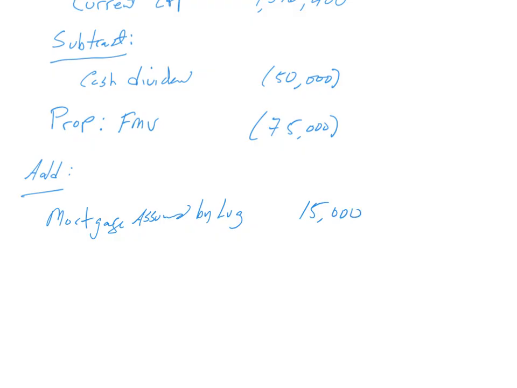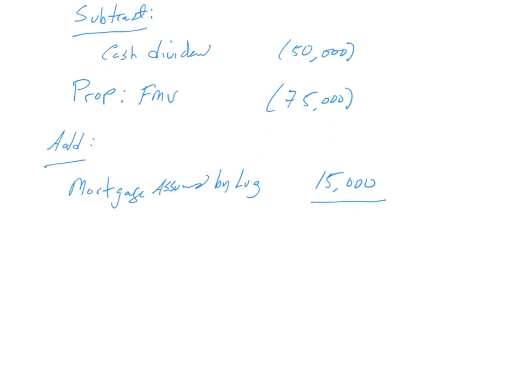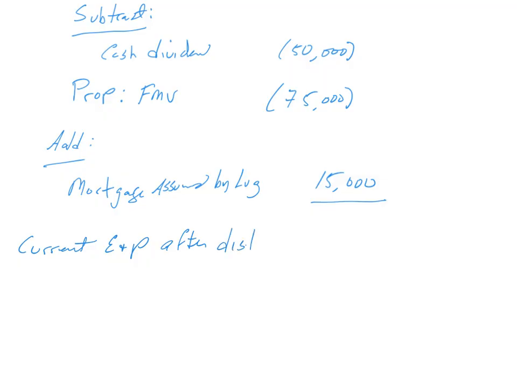So what does all of this tell us? We started with current earnings and profits, and we made our adjustments based on the distributions to our shareholders. That gives us current earnings and profits after distribution.